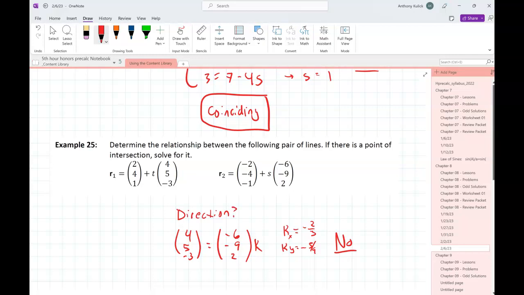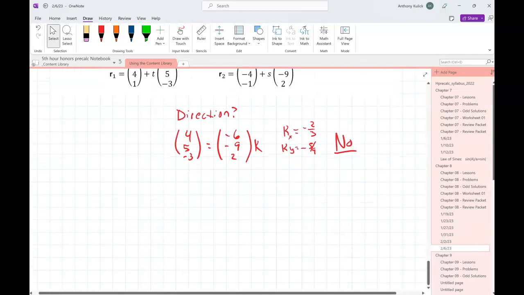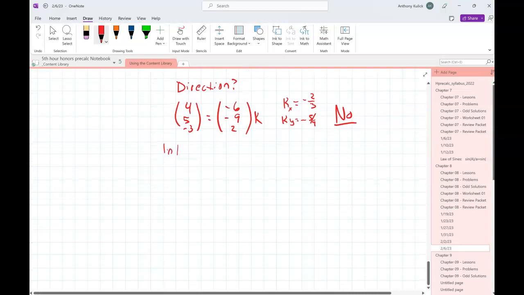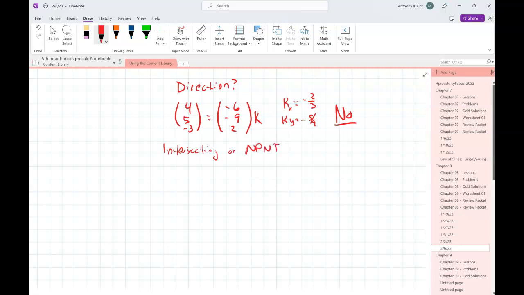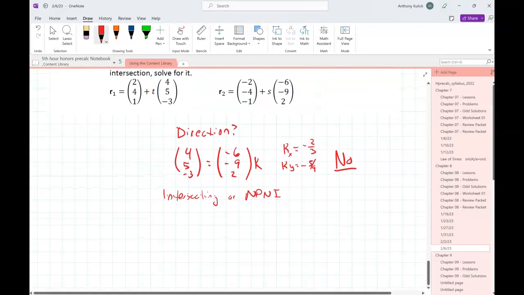Everybody agree? So that tells me we're either intersecting or not parallel, not intersecting. So what I do next then is I set the two equal to each other.